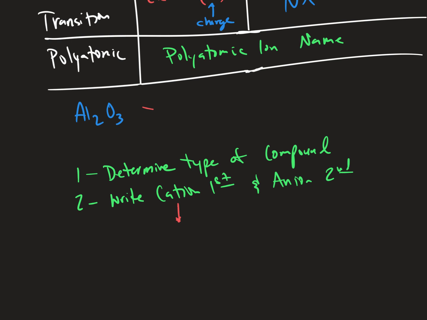We know it's a metal because it's on the left of the metalloid staircase. Do you remember that? All of those are metals, except for hydrogen is not a metal. Good? So this is aluminum. Is this a transition metal? No. So we're just going to call the cation by its element name, aluminum.